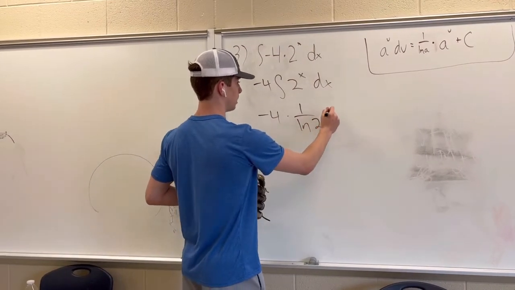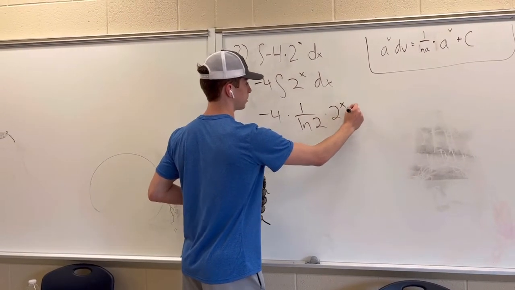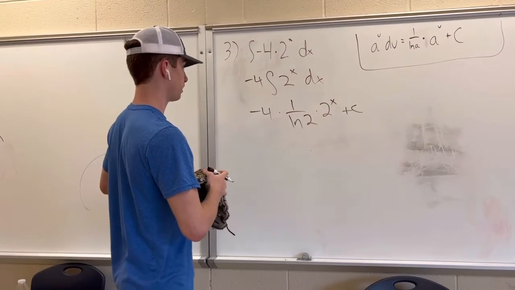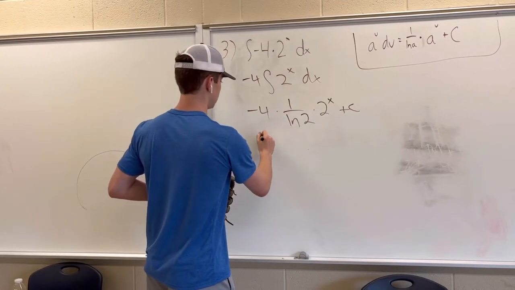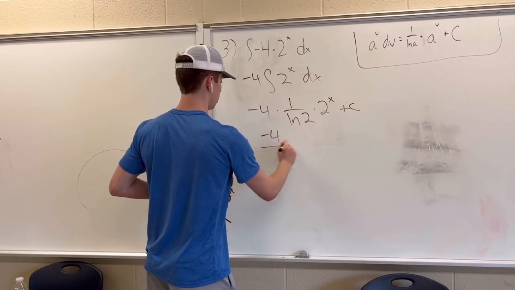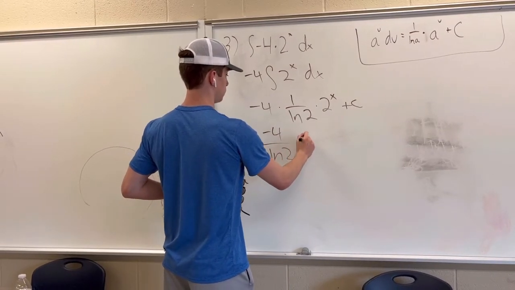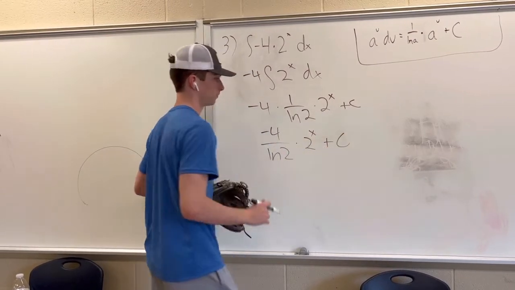And then times a, which is again 2, to the power of x plus c. And now to further simplify, you can multiply these 2 terms together and get negative 4 over ln 2 times 2 to the power of x plus c.